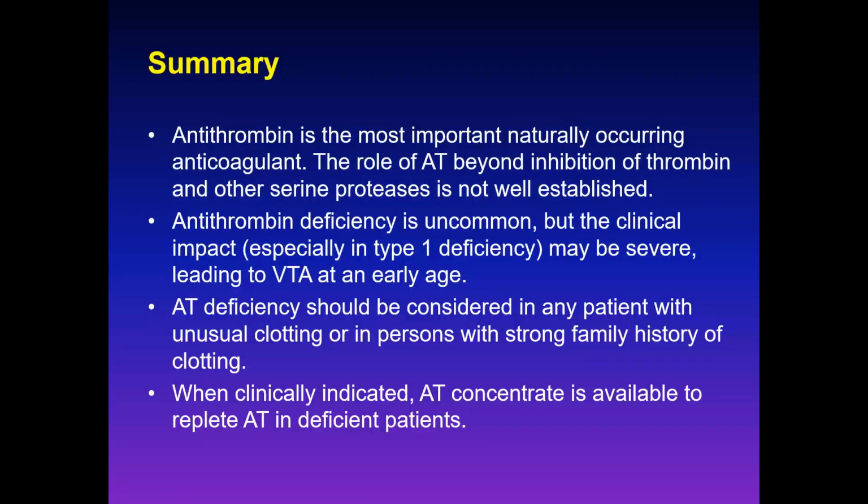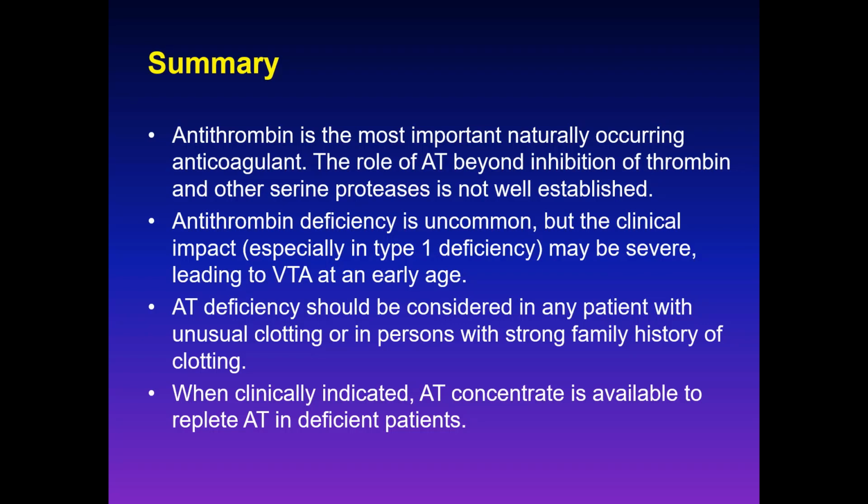Okay, so as a summary, antithrombin is the most important naturally occurring anticoagulant. It has a role beyond inhibition of thrombin and other serine proteases, and I think we need to understand that better to fully appreciate the role of antithrombin in the body. Antithrombin deficiency in the hereditary sense is an uncommon condition, but the clinical impact may be severe, leading to VTE at a very early age.